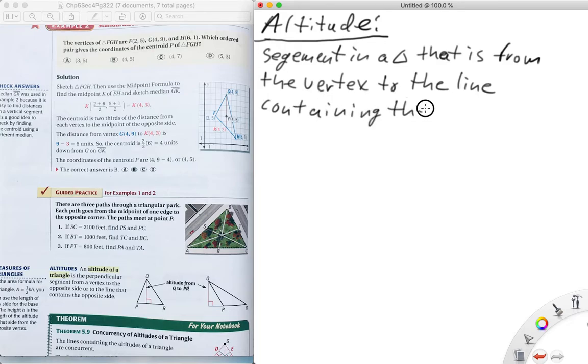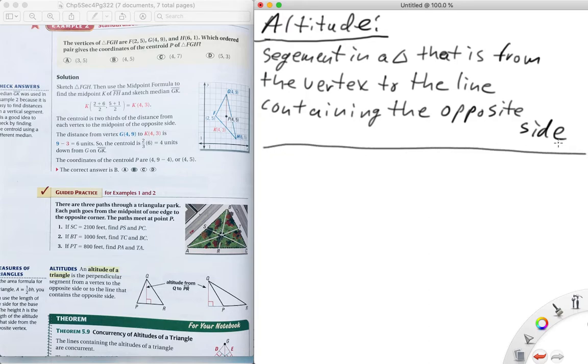So what does that mean? I'll tell you what that means. There's 3 scenarios with that. Scenario number 1, I have an acute triangle, right?